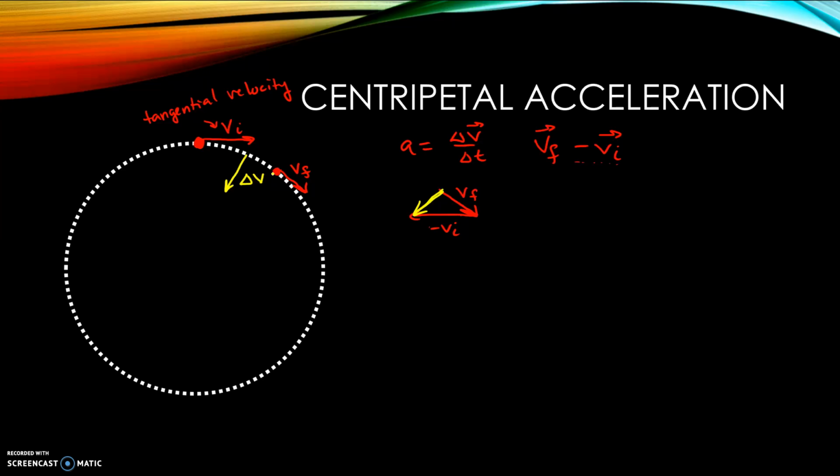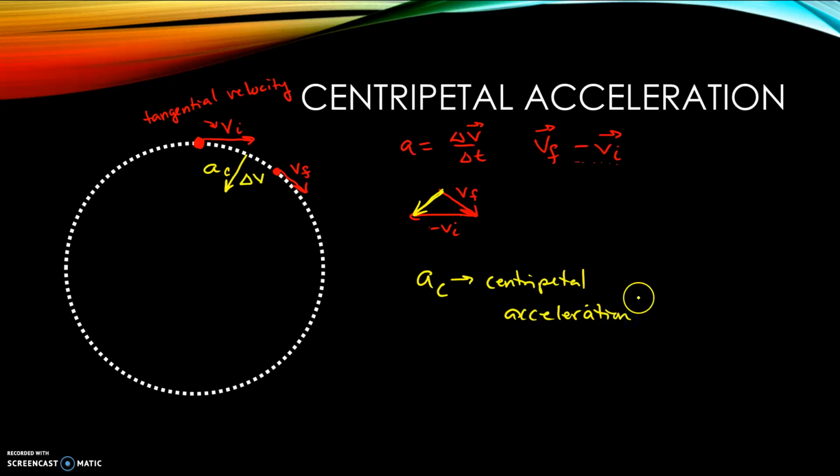That's the direction of the change in velocity, and this is also the direction of my acceleration. So I'm going to put a little c as a subscript here. I'm going to call this a sub c. And this is what's called the centripetal acceleration. That's the term we use for this. It's called centripetal because centripetal means center seeking.